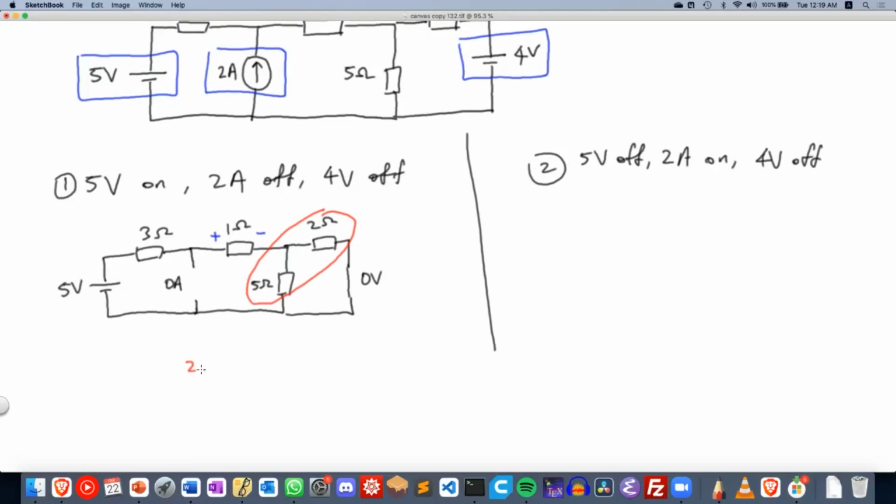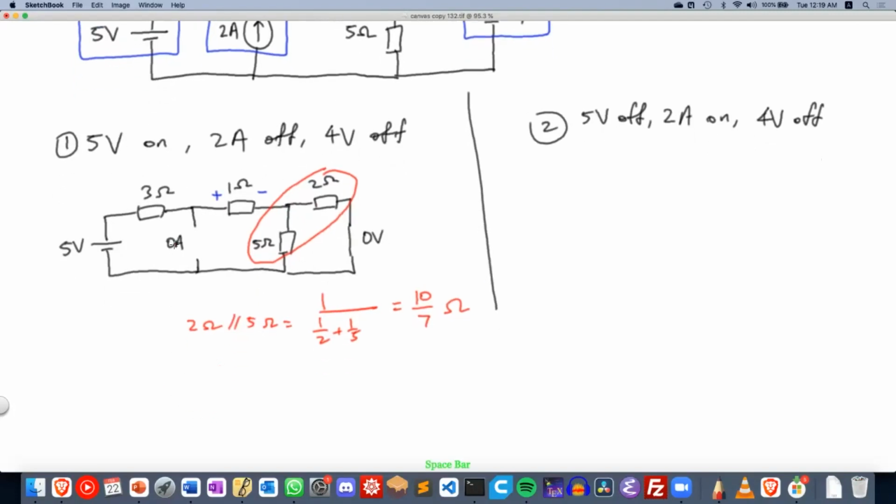So 2 ohm parallel 5 ohms gives 1 over (1/2 plus 1/5). Punching into the calculator, we get 10 over 7 ohms.